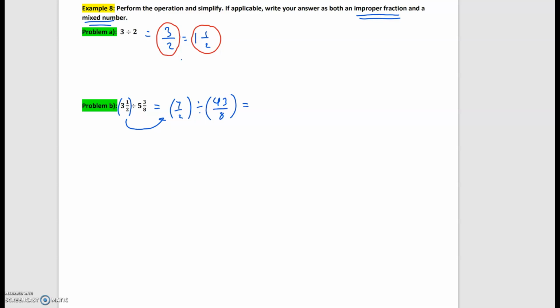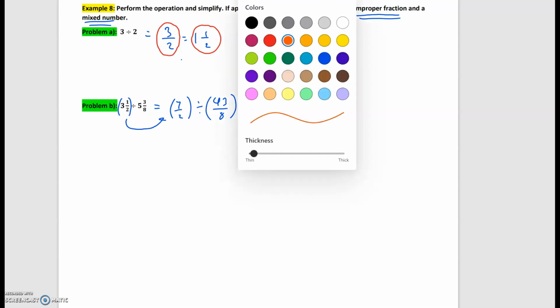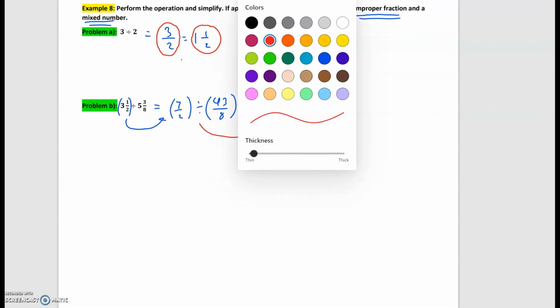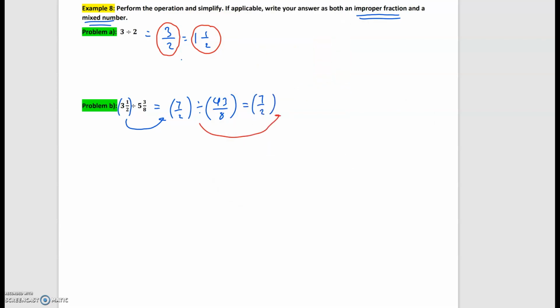Now, remember that this is an actual division of fractions. So I'm just going to express this as 7/2, and then we're going to multiply. So let me express this division as a multiplication. But at this point, we're going to be looking at the reciprocal. So we're going to be multiplying by 8 over 43.